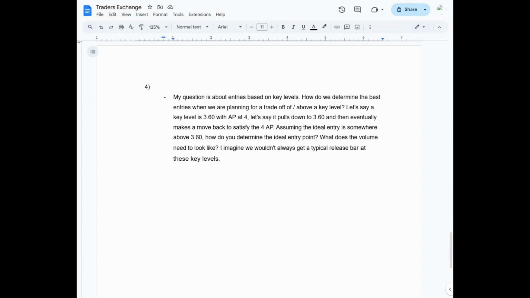So when you're talking about an entry below the build, you will not be looking at release volume. You're going to be looking at volume sustaining and the money flow to show that the volume that is in that valley is going to be used to take it right back up to where those 4 ask prints were. Make sense? Yeah, thank you.